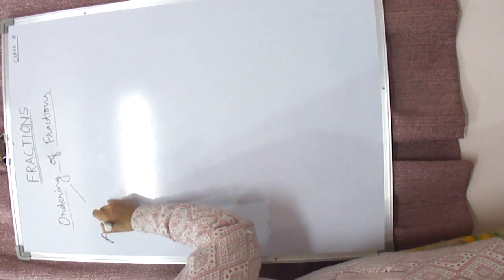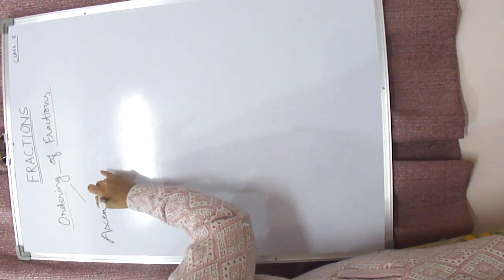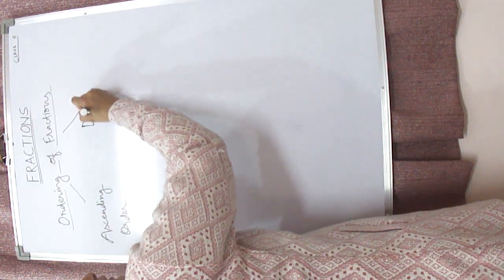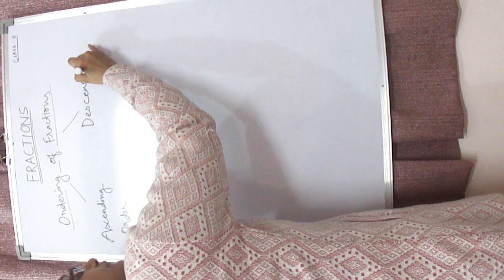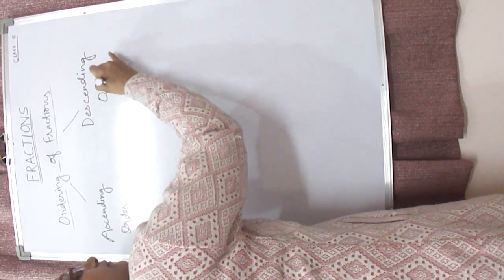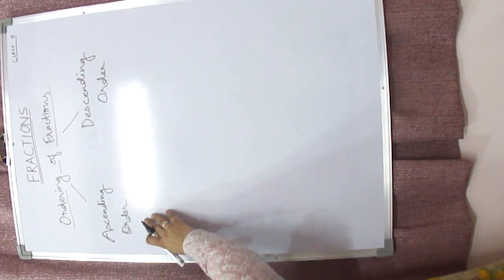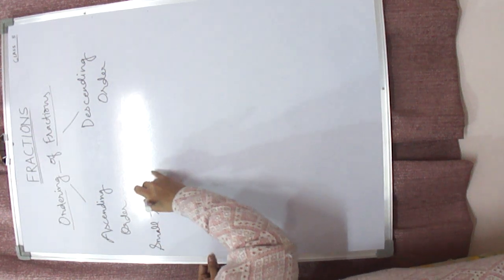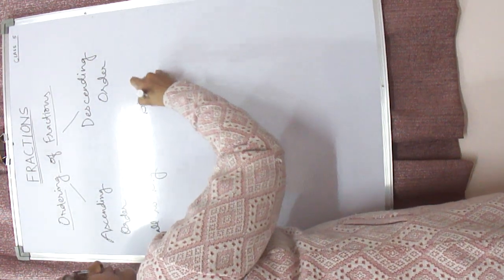We have two ways, either arrange it into the ascending order or arrange it into the descending order. Ascending order means small to big, whereas descending means big to small.